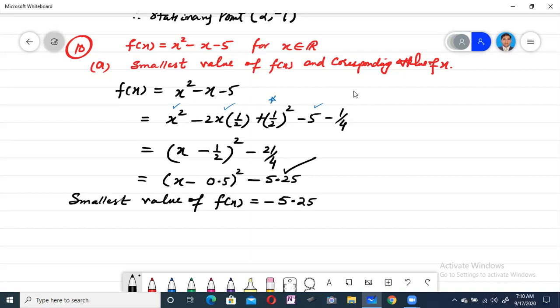How we can make that term 0? When we will take x is equal to 0.5. When x is equal to 0.5 here, then 0.5 minus 0.5 is 0. Then when this term will be 0, this f of x will be equal to minus 5.25. That will be the smallest value at x is equal to 0.5. This is the answer.